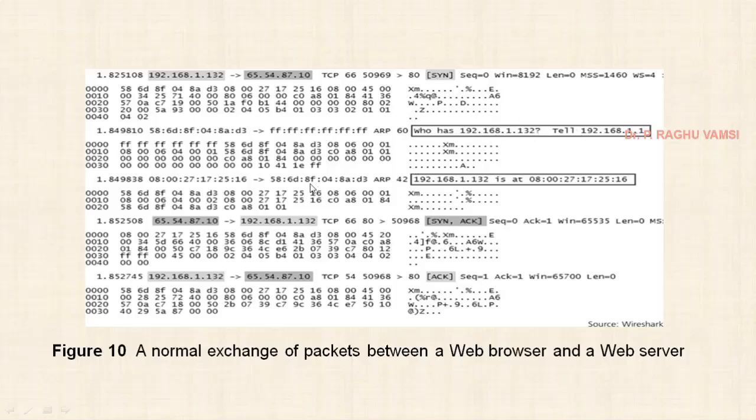Whenever the physical address has been sent, the corresponding request is forwarded to the corresponding IP address. Then the IP address in turn will respond to the requester with a synchronous acknowledgement. Then the connection is established. This is the normal way of doing it. ARP will also come into the picture whenever you go for communication between the web browser and web server.